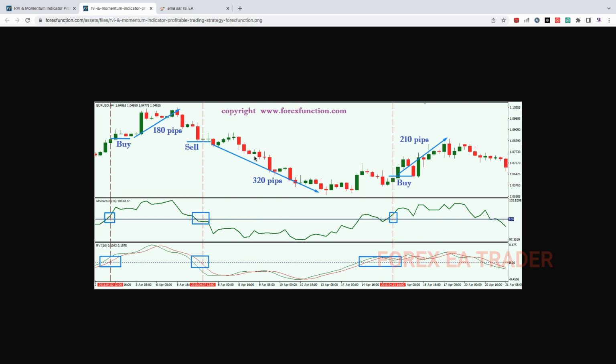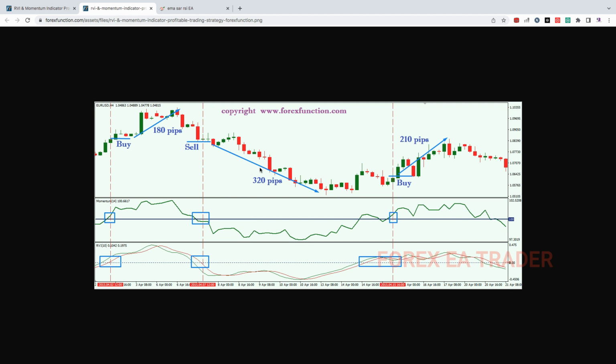As you can see in this scenario, there were 320 pips made by this strategy, but the buys are only a few pips, because probably the overall trend is selling. So that's what you want to do. You just want to go with the flow, because sometimes when you are telling the robot to buy but the trend is selling, you get into problems with your robots starting to lose money.